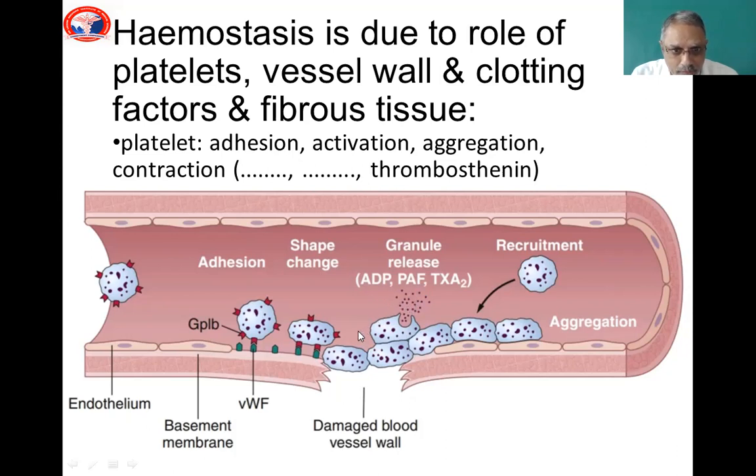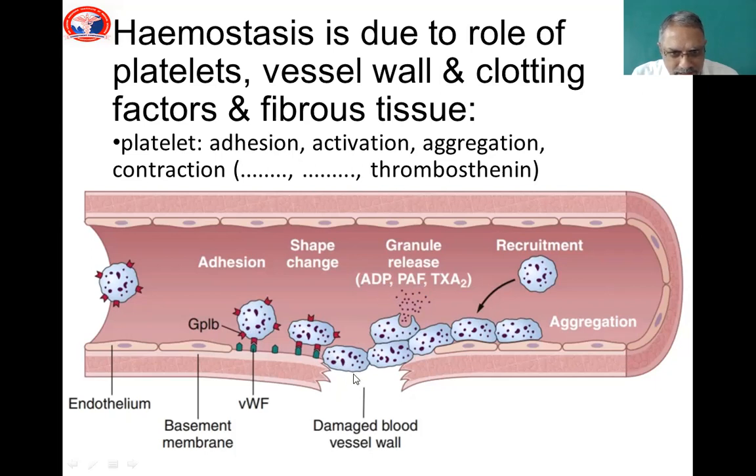So, on attachment of the glycoprotein 1B receptor to von Willebrand factor, the platelet changes its shape and becomes sticky by the secretion of ADP, adenosine diphosphate.